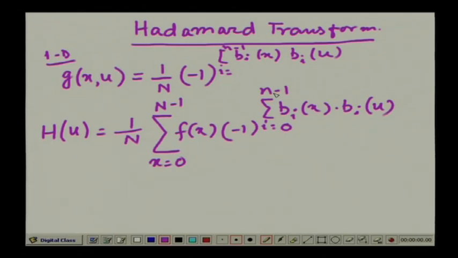And for Hadamard transform also, the forward transformation as well as the inverse transformation are identical. That is, the forward transformation kernel and the inverse transformation kernel are identical. So, here again the same algorithm can be used for forward transformation as well as the inverse transformation.